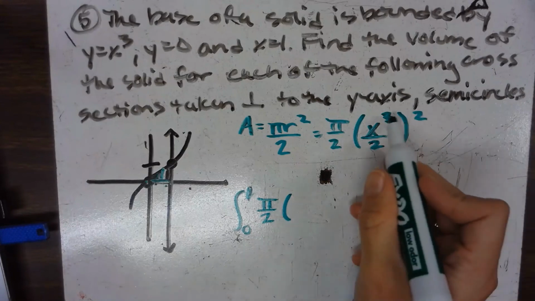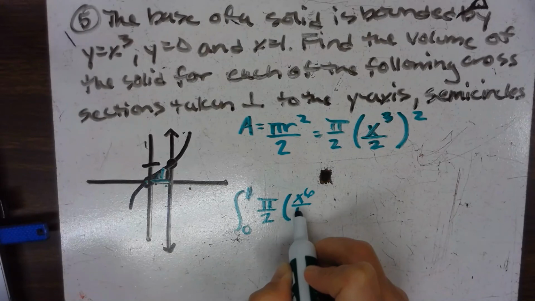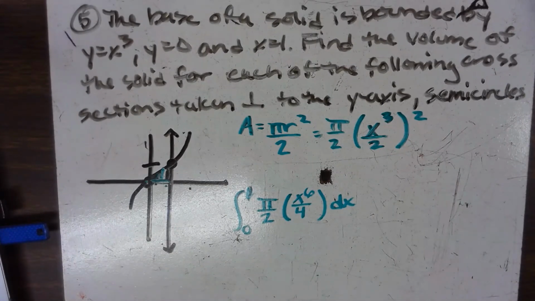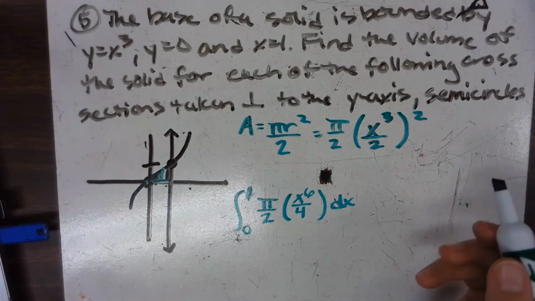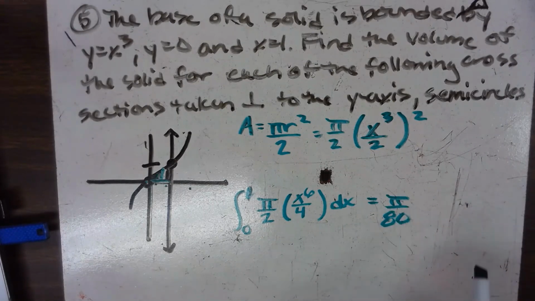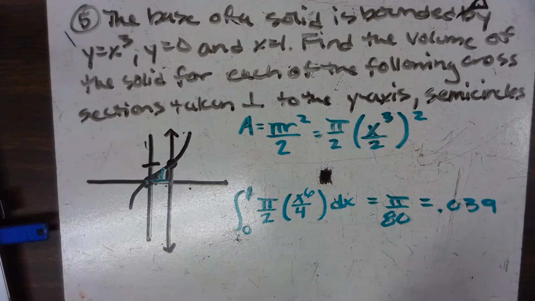And then when I square this, it becomes x to the 6th over 4. And I would integrate that right there. When I integrate it, I ultimately end up with pi over 80, or 0.039.